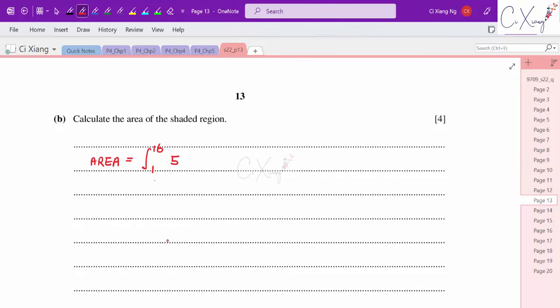The upper function is y equals 5, minus the lower function, which is x power half plus 4x power negative half, dx. To avoid careless mistakes, I will try to multiply in the negative first.